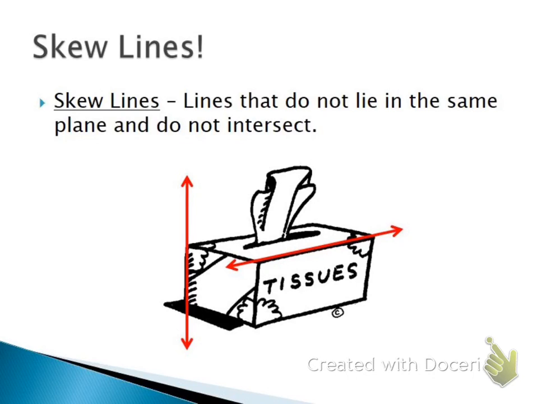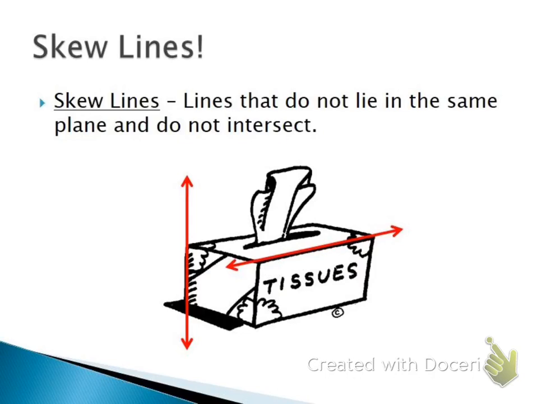So we've got a line that's in this front plane here. And then we have another line that's on either the top or the side here. Those are two separate planes. Those lines do not intersect. That is why we call them skew.